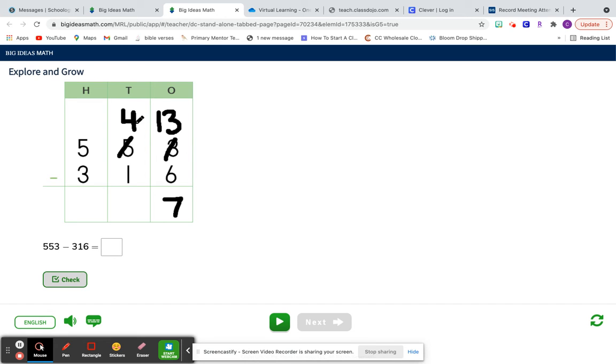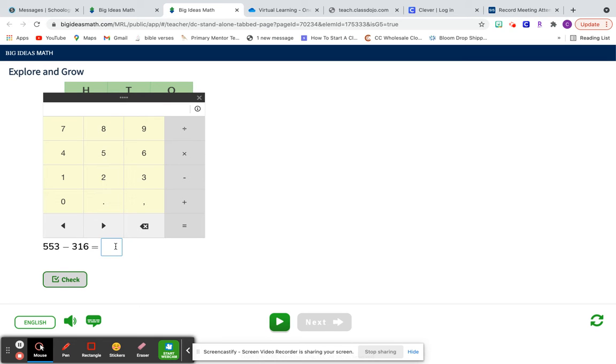All right, now 4 minus 1 is 3. Do not forget when you borrow to cross out your number here and go down one number. And then 5 minus 3 is 2. So our answer for this one is 237.